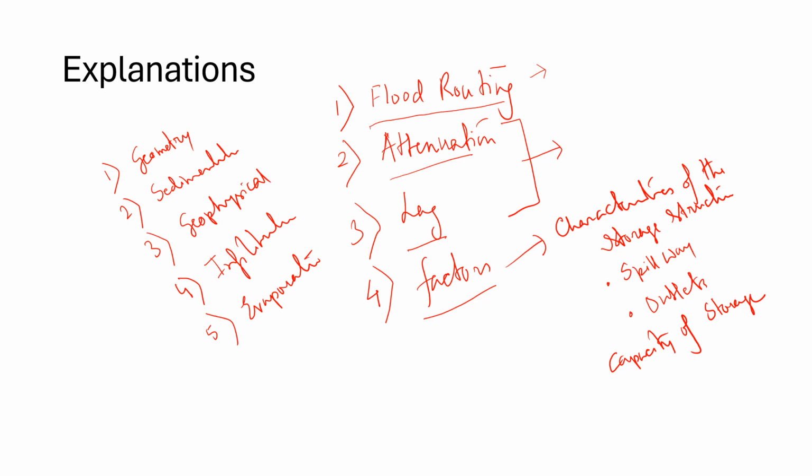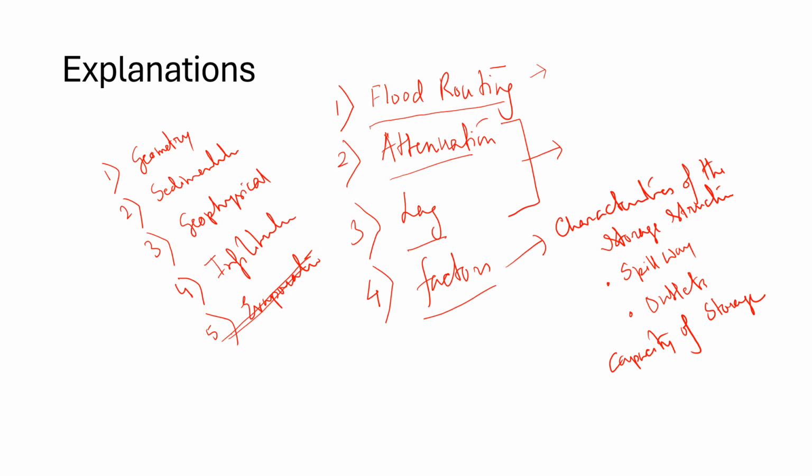And yes, if some excess rainfall takes place, then that will also take place. But evaporation and precipitation is not under characteristic of storage structure, rather characteristics of the location of the storage structure. So if we assume that we will not consider this, then let us only consider the characteristic of the storage structure.